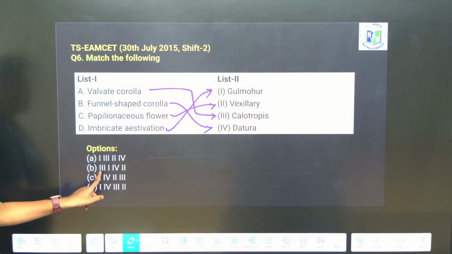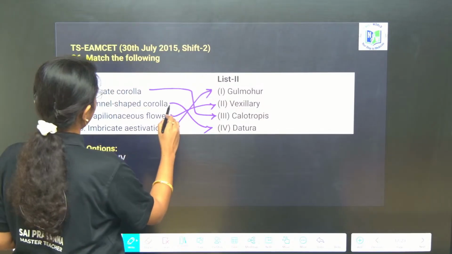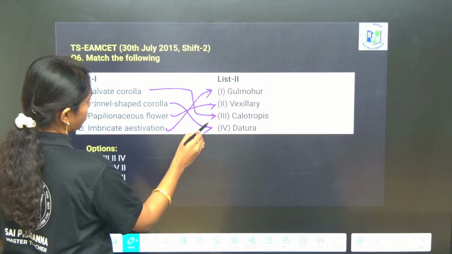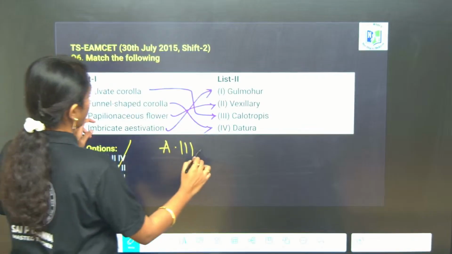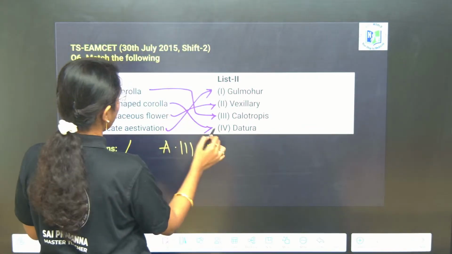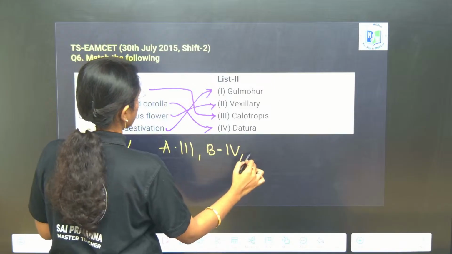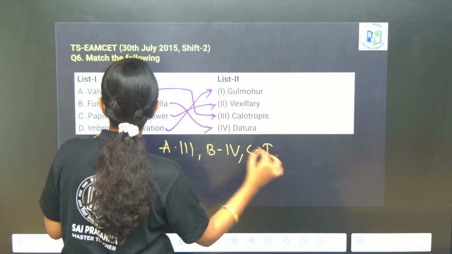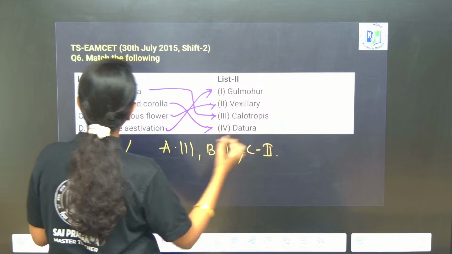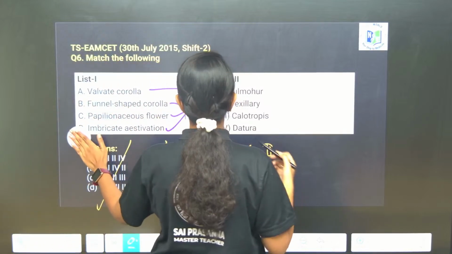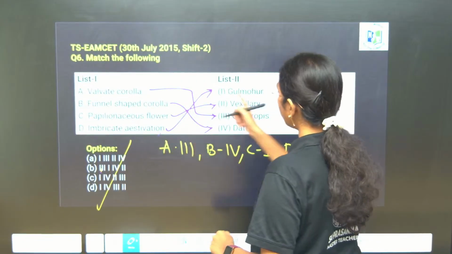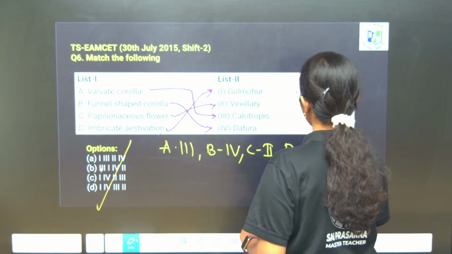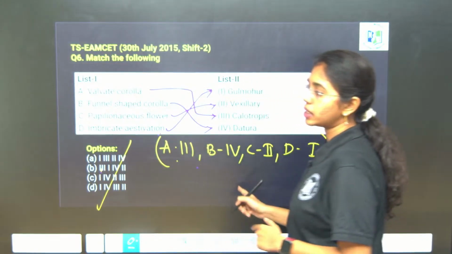A is 3, B is 4. Yeah, A is 3, B 4, C 1, sorry C 2, where papilionaceous flower will show what? Vexillary aestivation, and then D, that is imbricate aestivation, example is what? Gulmohar. This is the right set of match.